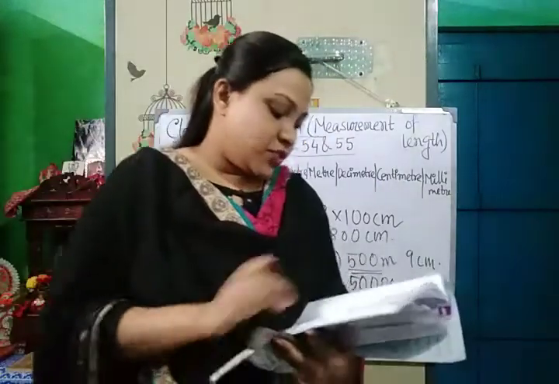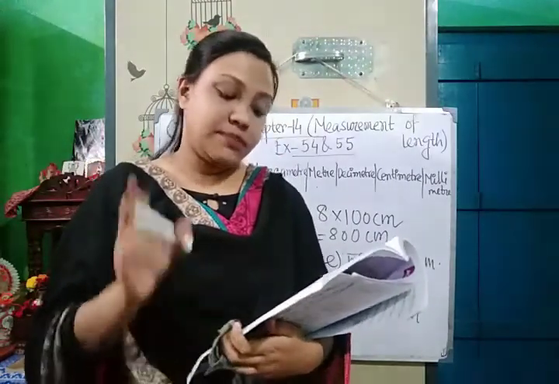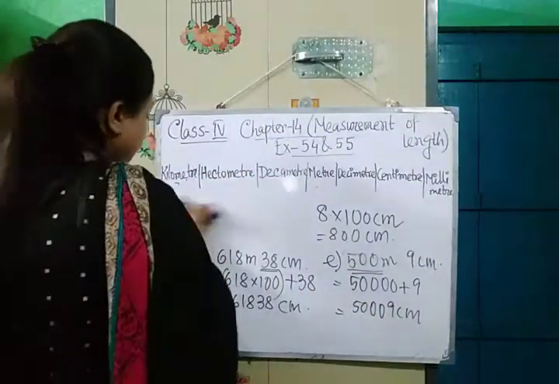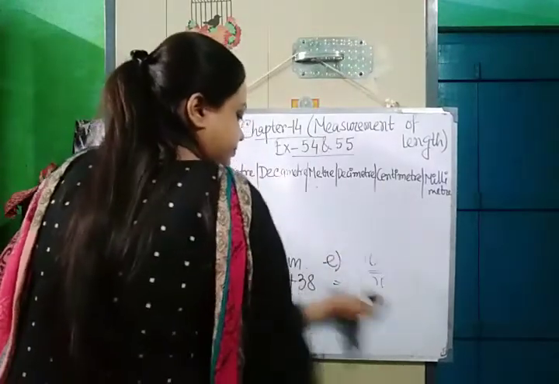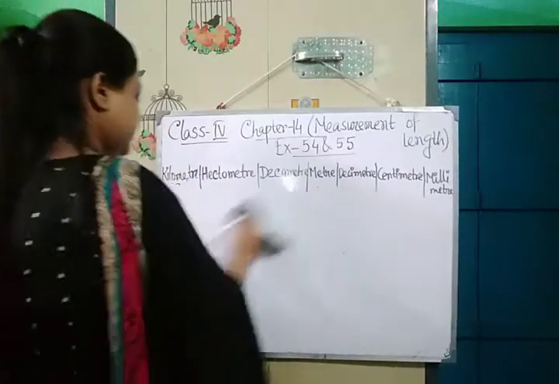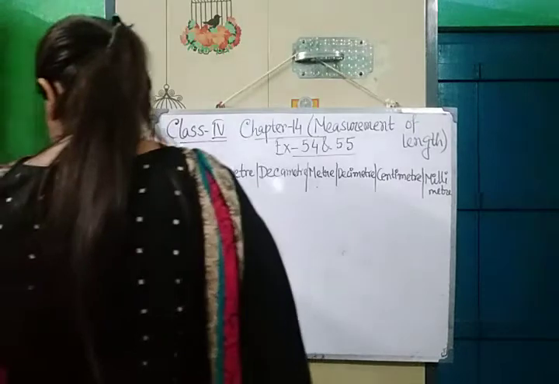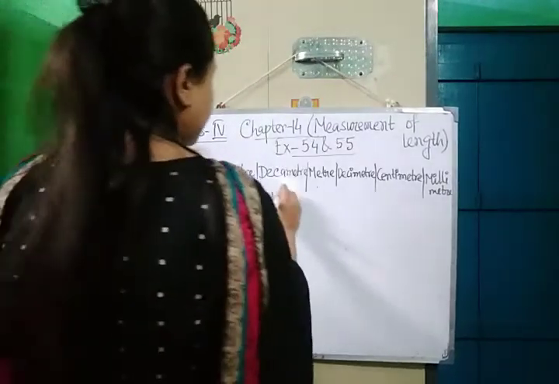Next question number 4 is convert into centimeter. Again convert into centimeter, but from decimeter. Question number 4, suppose A, which is given 5 decimeter here.